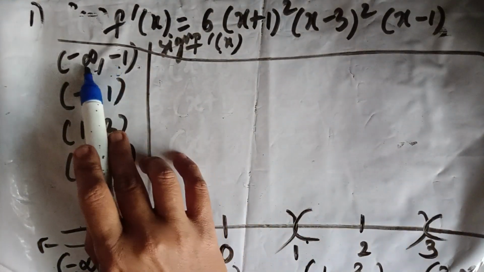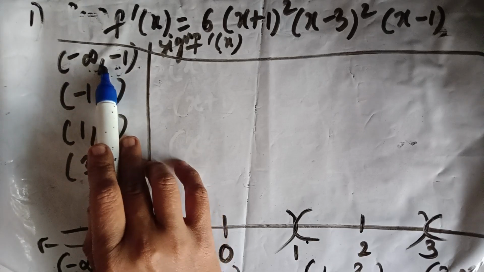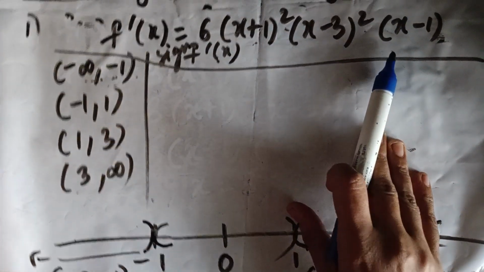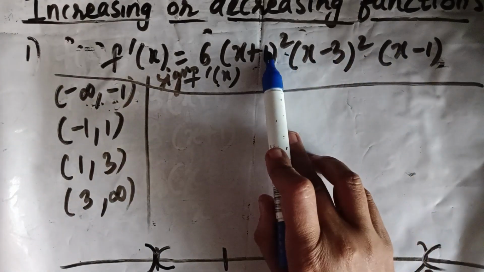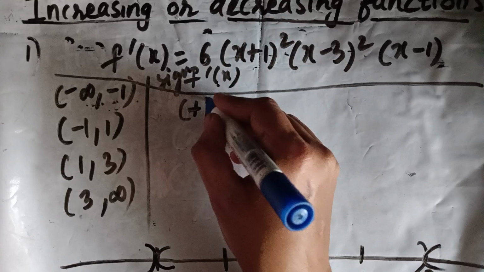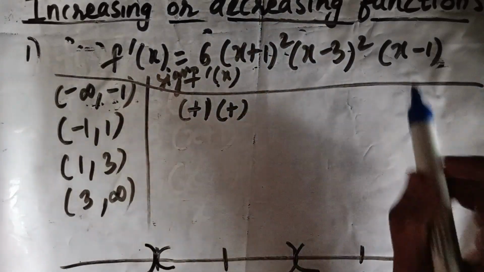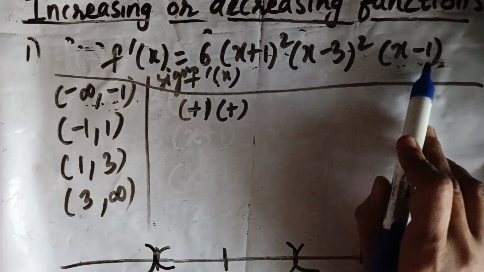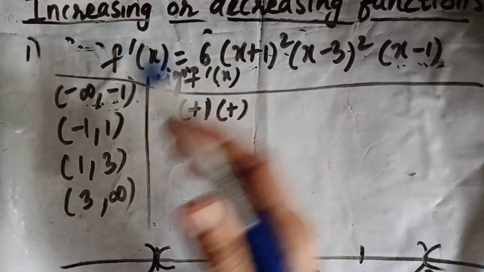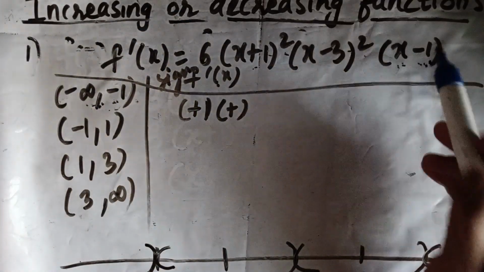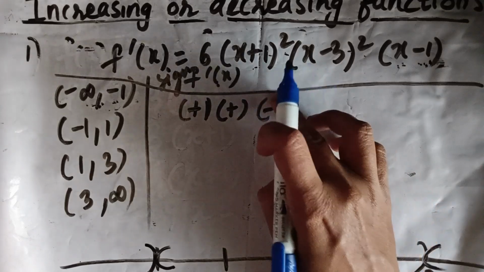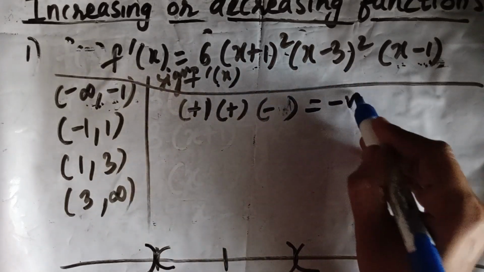Suppose I put the value -2. Now look here, this is square, this is square, this is square, this is square. So both will be positive. Any number you put over there, it will be positive. You have to check only the sign of this. So we are taking a negative number, suppose -2. So this will be negative, so the total sign is negative.